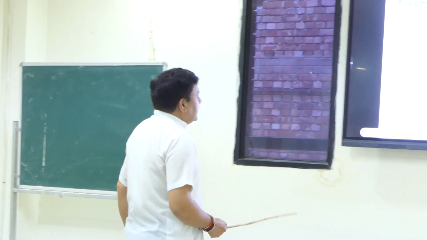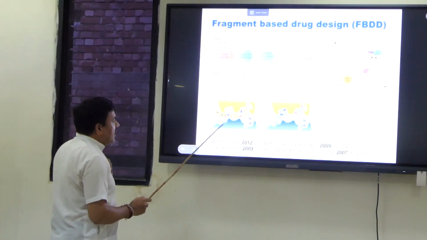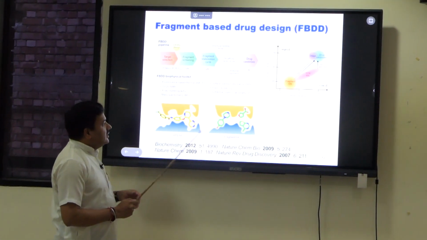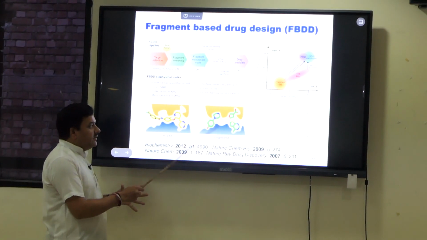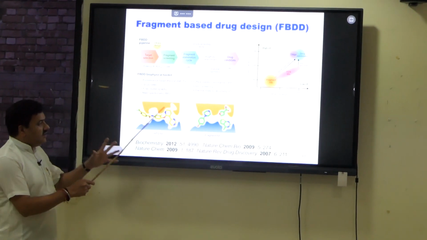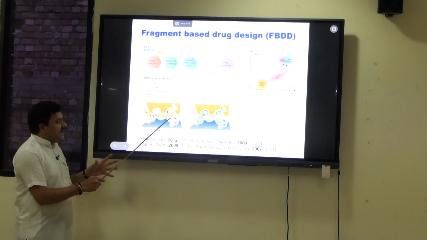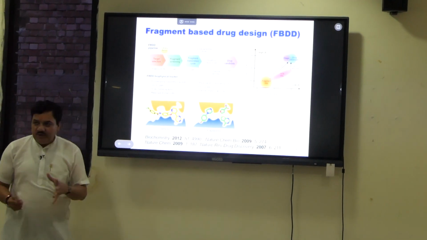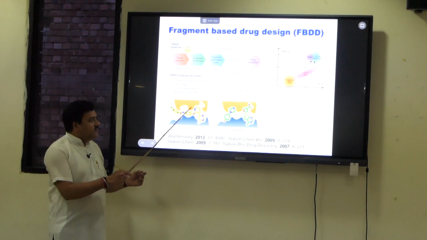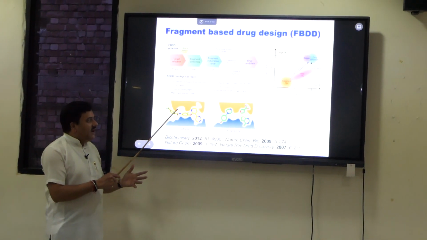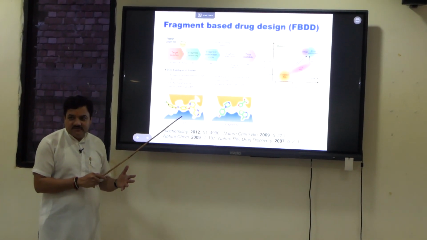In this particular design, let's say you take a collection of small molecules. This is a schematic representation of your binding pocket, and this was the molecule. A big molecule has been prepared by a combinatorial approach or high throughput screening, and you see this molecule is binding to the binding pocket, but the binding is not tight enough.